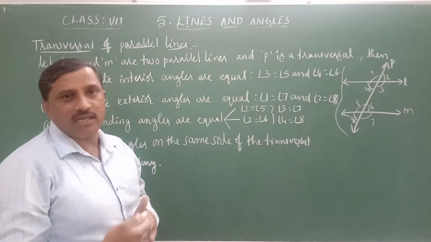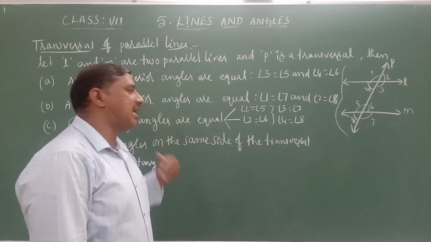Here we have 4 pairs of corresponding angles and they are equal for parallel lines.